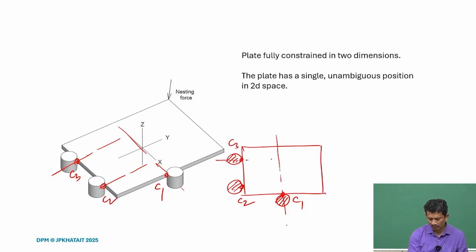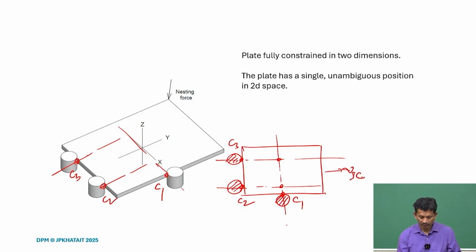Each can constrain only along the normal, and with each constraint there are two instantaneous centers of rotation, and the two parallel lines make another instantaneous center of motion, which will be at infinity.